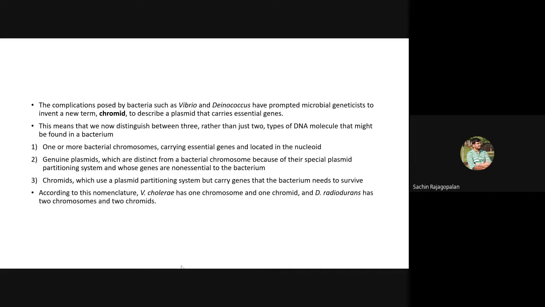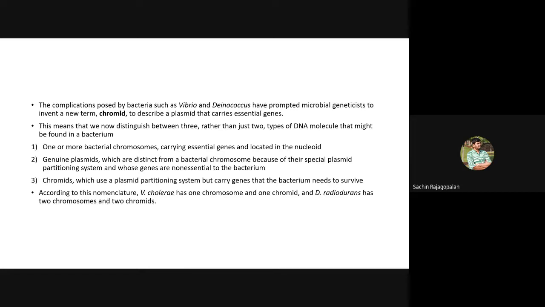Now, chromosome is the actual genetic material of any bacteria. There could be a single molecule of that chromosome, or it could be broken down into multiple pieces, making it a multipartite genome. Chromosomes are known to carry essential genes, and they are located in the nucleoid.